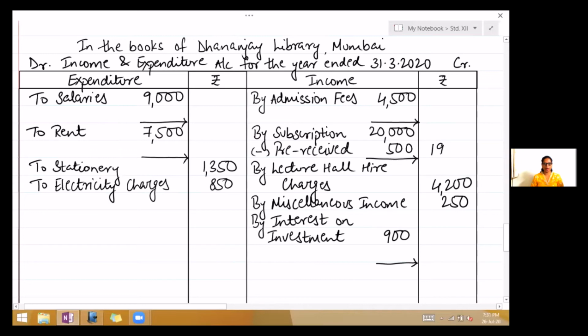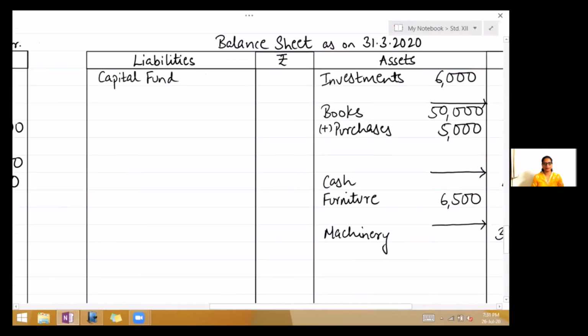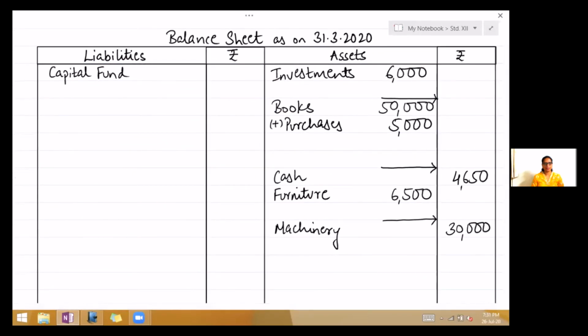Deduct, take it to the outer column, 19,500. Pre-received income, second effect will come on the liability side. Leave some place for capital fund and then write pre-received subscription 500.